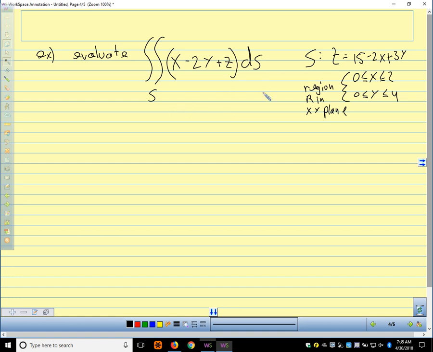All right, so here we have z equals g of x, y. And we need our partial derivatives. So what function do we take the partial derivatives of?